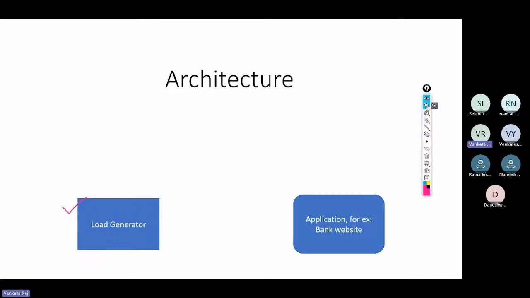Now, once you have the load generator, which will simulate the virtual users, those users need to do some actions on the application. What actions will those users perform, like clicking a link or a button? Those actions will be on some critical scenarios. For example, transfer money is one critical scenario.